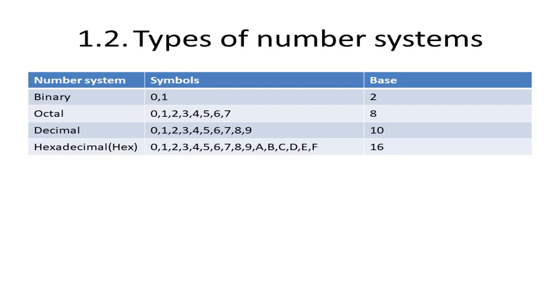The decimal number system is the common number system that we use in our day-to-day life. It has 10 symbols and its base is 10. Then the last and least, the hexadecimal number system. Hexadecimal means a 16 base number system.